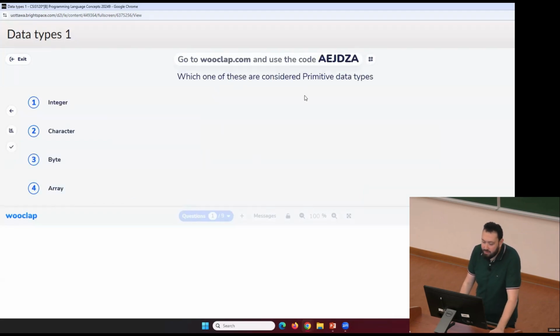Which one of these are considered primitive data types? I didn't include string, so you don't tell me it's a trick. Is a bit technically a primitive type or a sub-primitive?